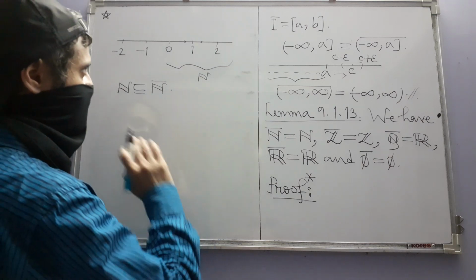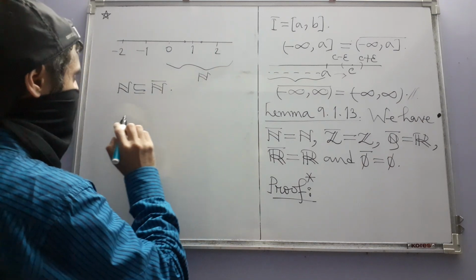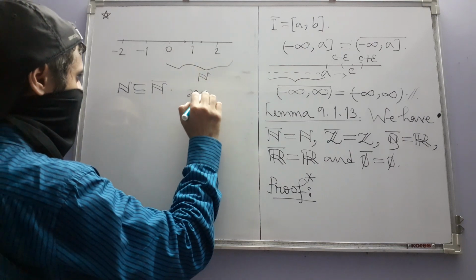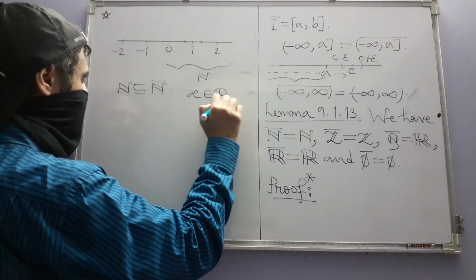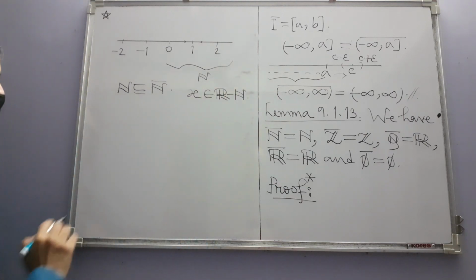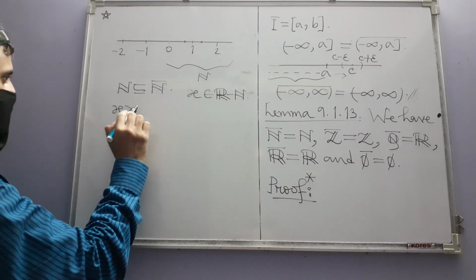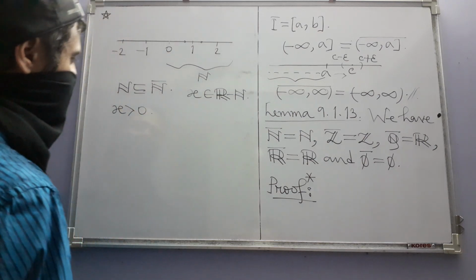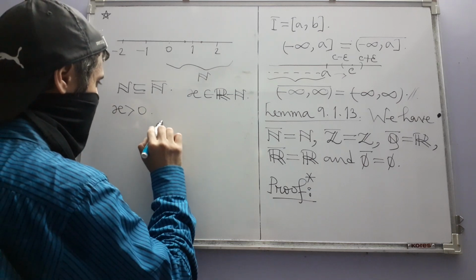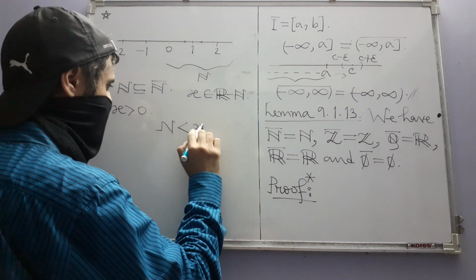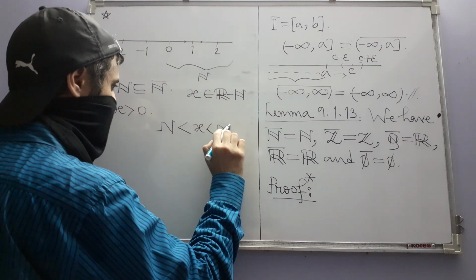Now among those somethings, you will always find like this. Say your x that you are choosing in R which is not in N, suppose your x is greater than 0, then you will always find a natural number N that will satisfy this.